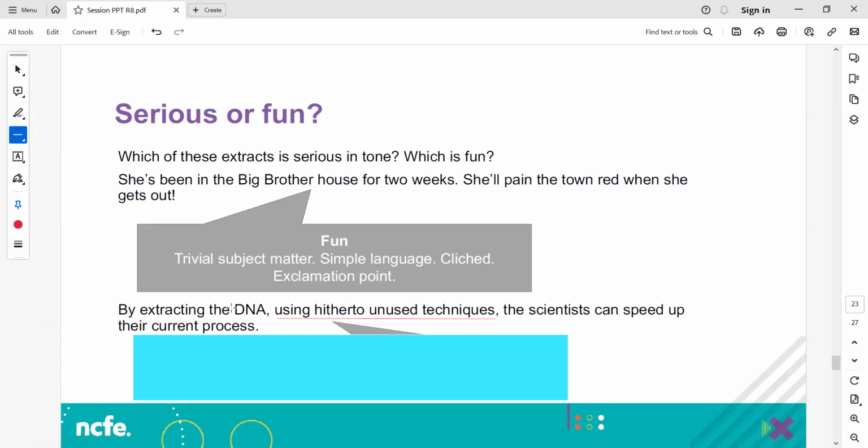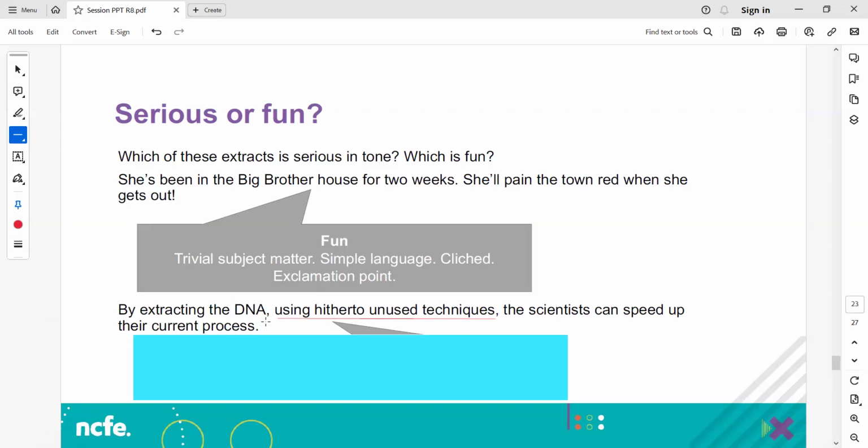So we've got the main clause, and we've got this subordinate clause which adds some information. They're extracting the DNA using hitherto unused techniques. They've not been used before. So that is a complex sentence structure.